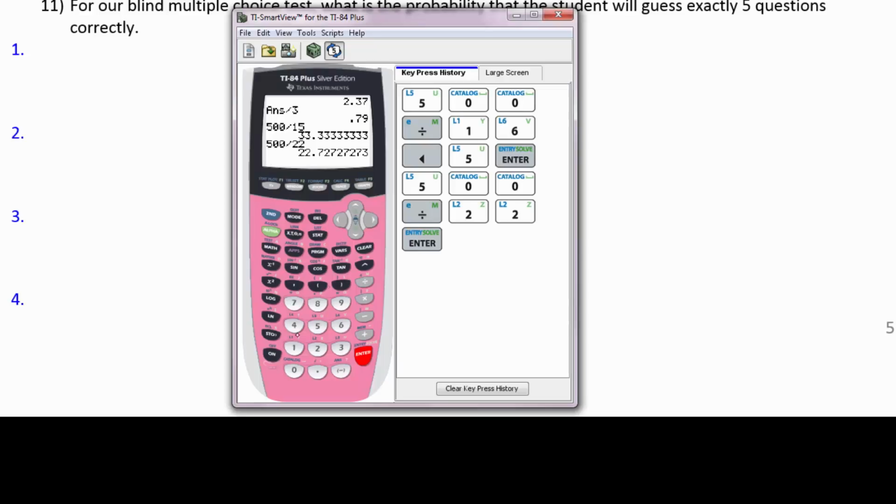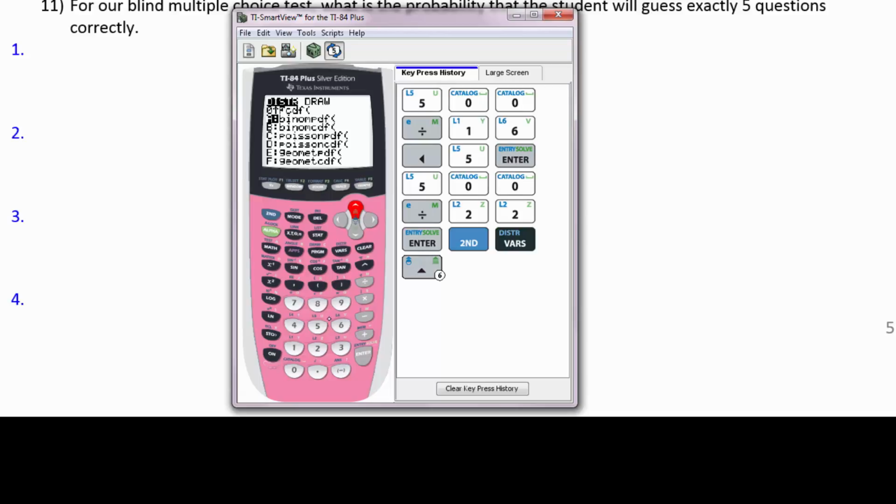So in our calculator, this nice pink calculator I got here, you're going to hit 2nd, DISTR (2nd VARS), and we go to binomial. There's either the binomial PDF or binomial CDF. For PDF, I want you to think point; CDF is cumulative.